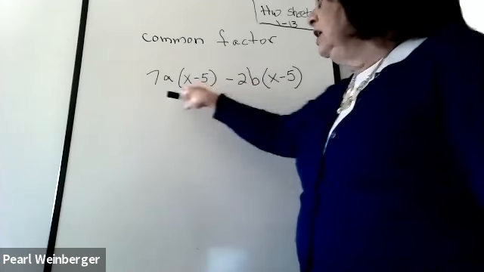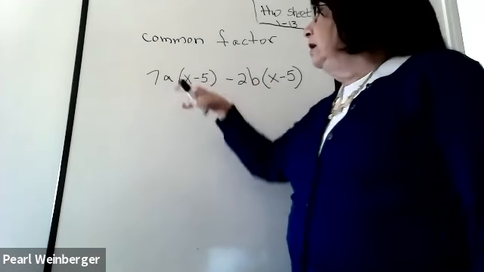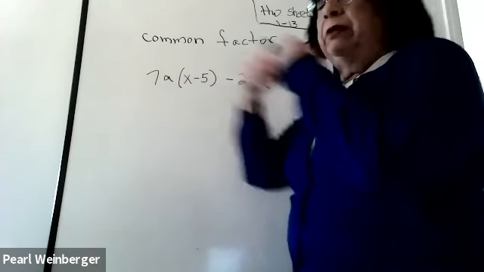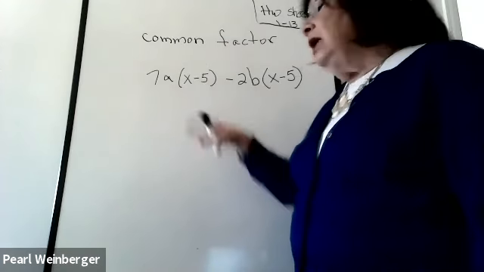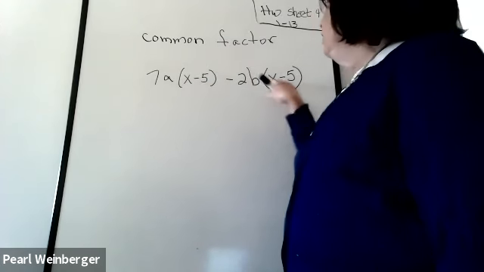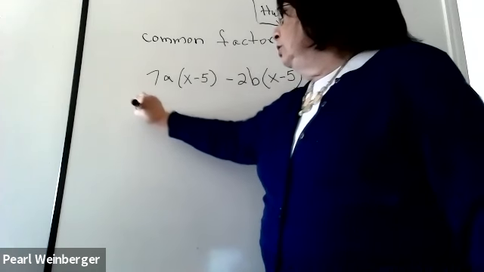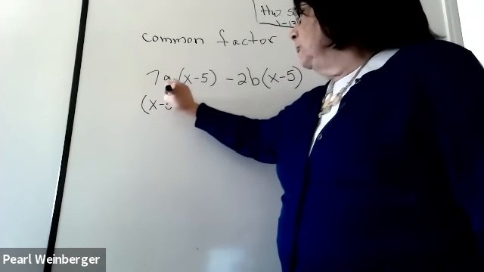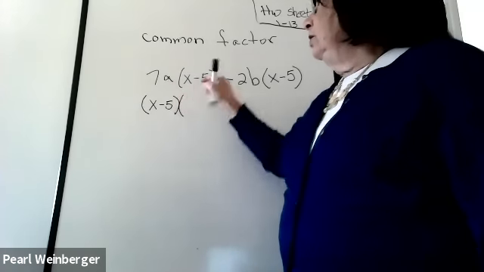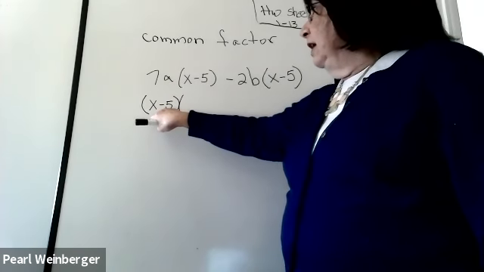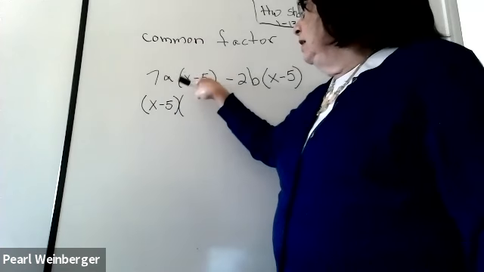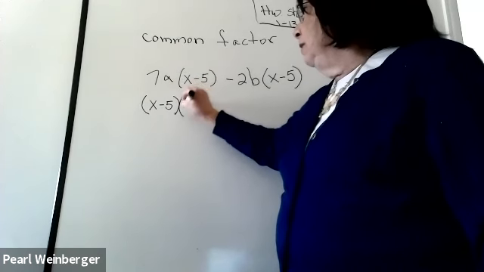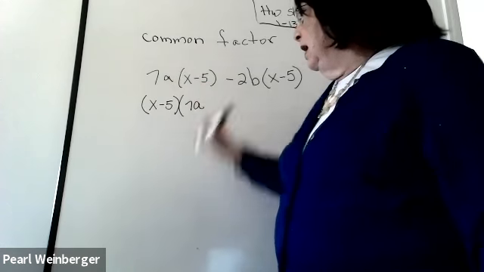And usually it's even a simpler process because it's just right up there in front of you saying, here I am, x minus 5 is a common factor. So put that x minus 5 in front. And when I divide the x minus 5 into this term, the x minus 5 cancels out, and all I'm left with is the 7a.